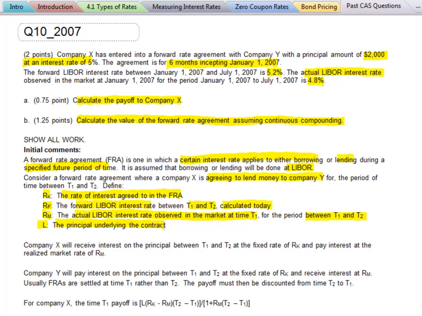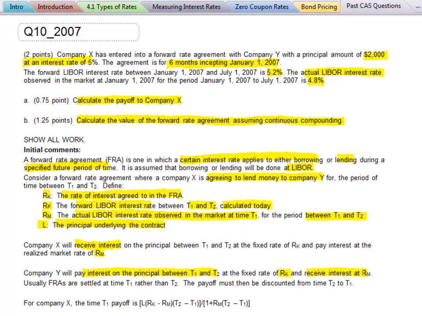Company X will receive interest on the principal between T1 and T2 at the fixed rate of R sub k and pay interest at the realized market rate of R sub m. Company Y will pay interest on the principal between T1 and T2 at the fixed rate of R sub k and receive interest at R sub m.